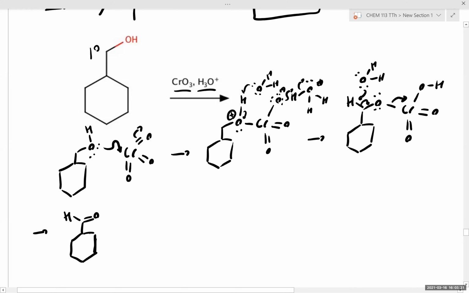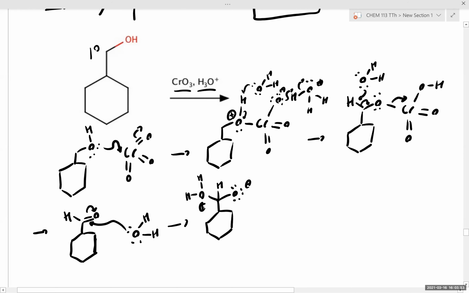Okay, so from there now, a second equivalent of water is going to come in and attack our aldehyde. This aldehyde is not isolable under the reaction conditions. It quickly gets attacked. We then have another set of proton transfers.